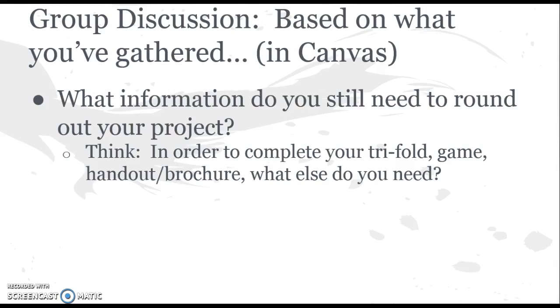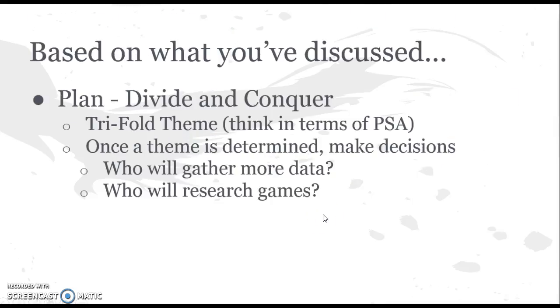So now that we've gone through that, I want you to think as a group, finally for the last thing. Based on what you've gathered, so once you've got some research, and you know what you're doing with it, you guys need to go to Canvas, and in a group discussion on the final project, I want to know how you're completing this trifold game handout brochure to be successful by the end of the semester.